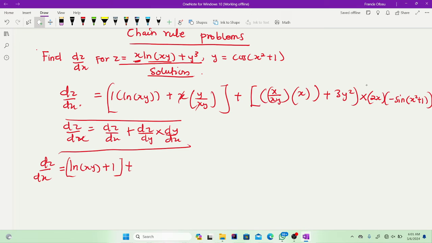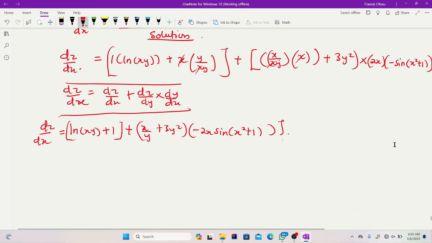For this side, x will cancel this, and I'll have x over y, plus 3y squared. So this whole expression is being multiplied by negative 2x sine of the expression x squared plus 1. So this is what we've reached.